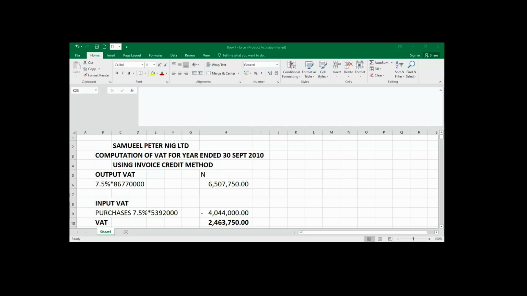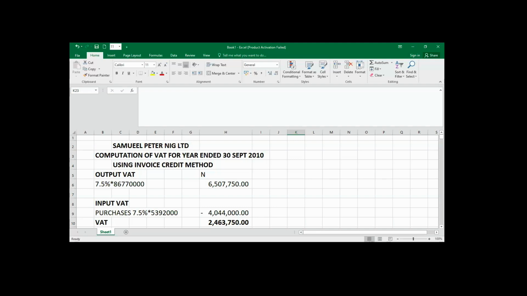When there is opening and closing inventory, who can remind us what I said we are going to do? How do we adjust it? Anybody to give us the answer?